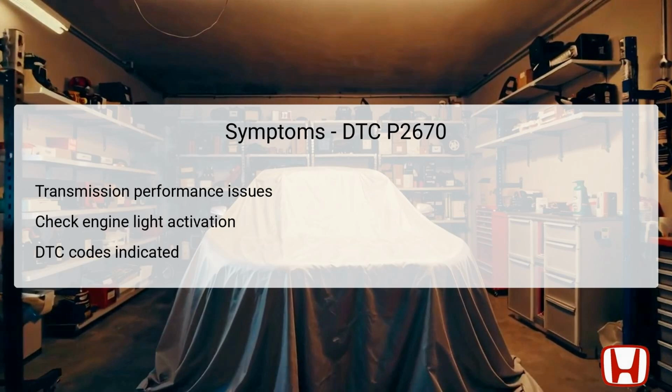The check engine light typically illuminates on the dashboard, signaling that a problem requires immediate attention. Furthermore, additional DTC codes might be indicated alongside P2670, compounding potential diagnostics. Recognizing these symptoms is vital in determining the urgency of carrying out repairs to restore optimal vehicle function.